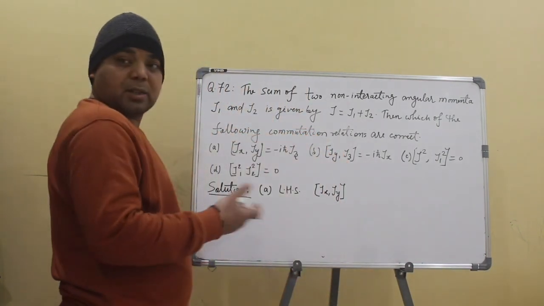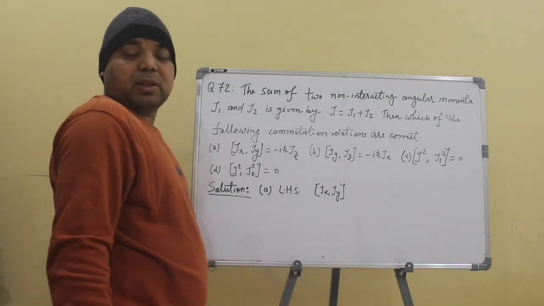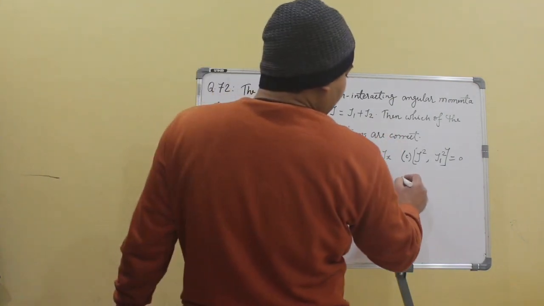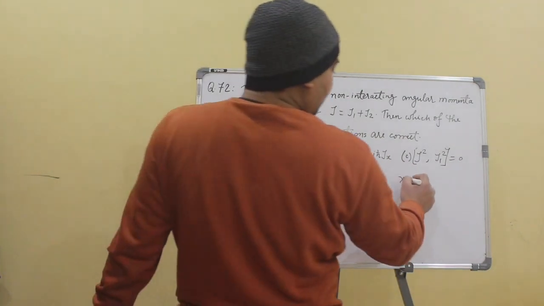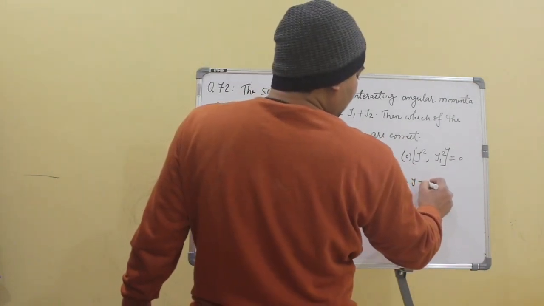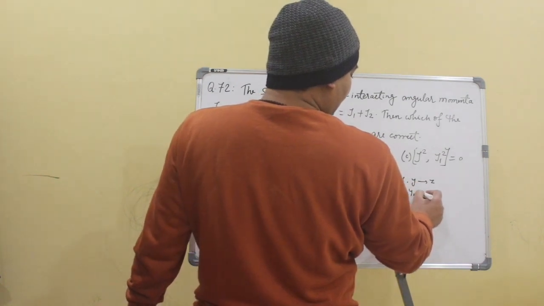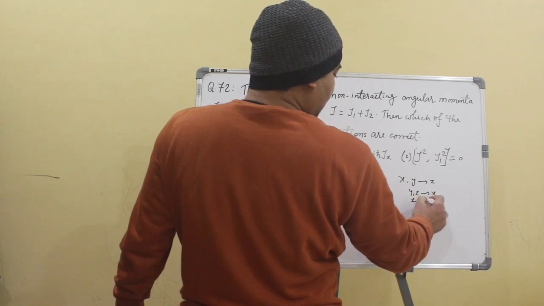So [Jx, Jy]. Remember that it is in cyclic order. It will simply give you iħ multiplied by the next one. How does the cyclic order go? It goes x, y, then z; y, z, then x; and z, x, then y.